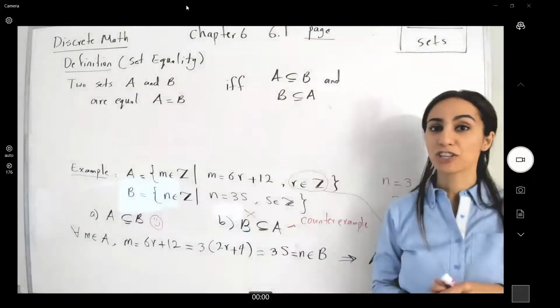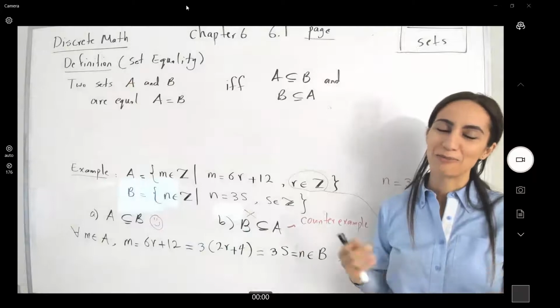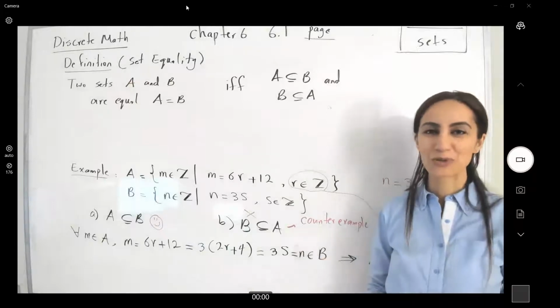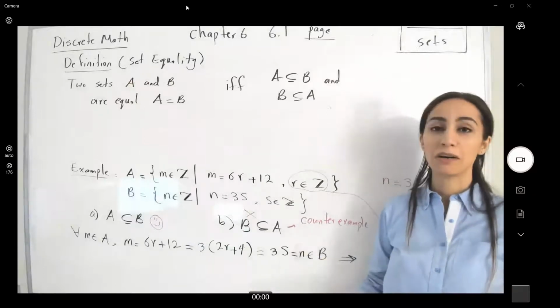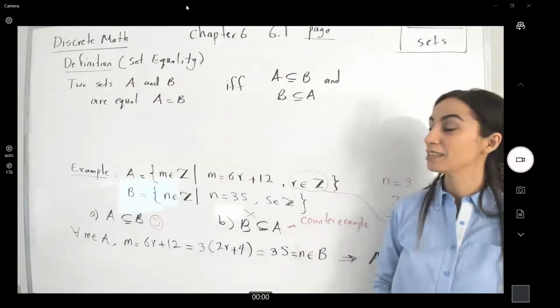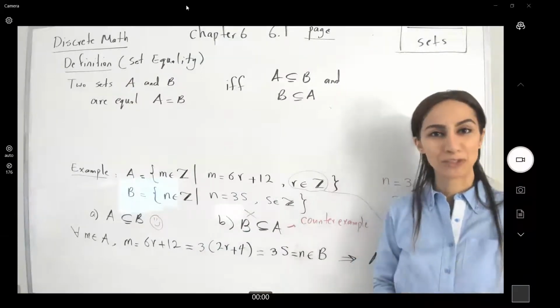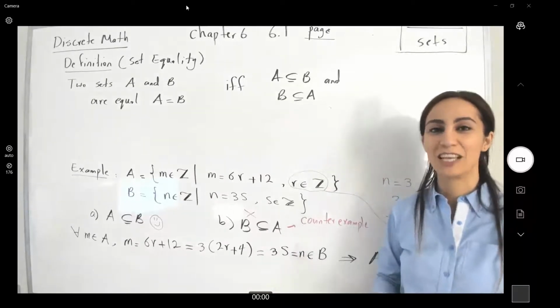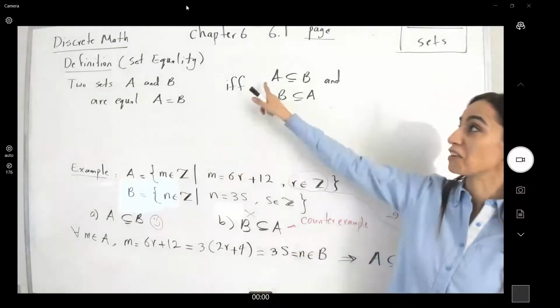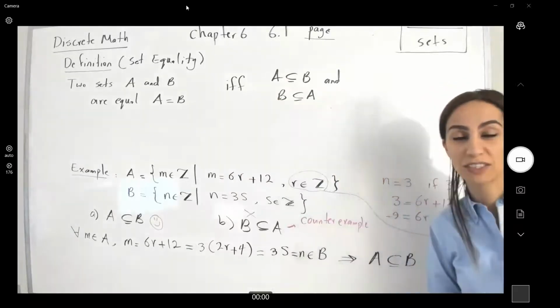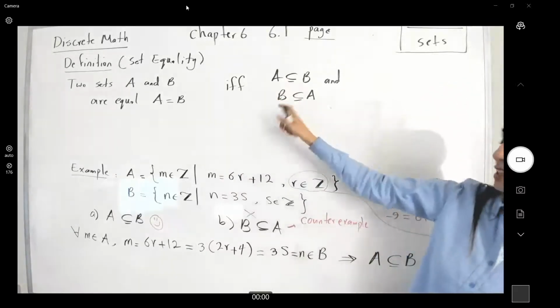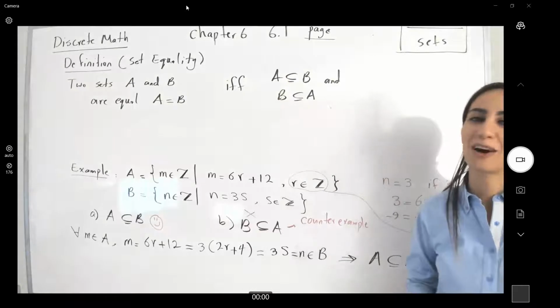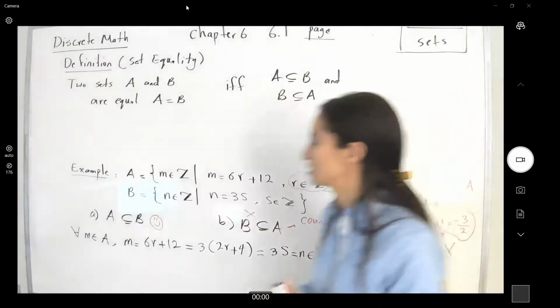Why is this definition important for us? Because when we try to prove theorems, lemmas, propositions about equality between two sets, we have to follow this definition. We need to show that the first set is a subset of the second set, and the second set is also a subset of the first set.